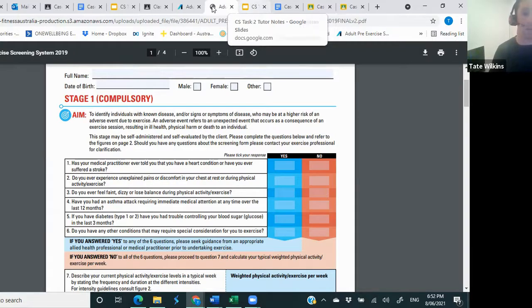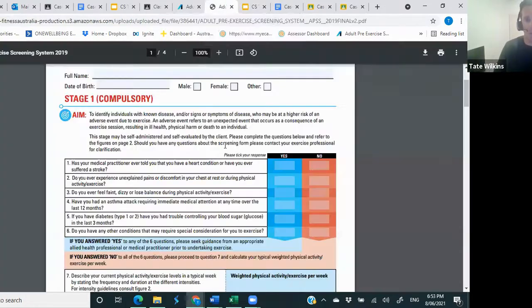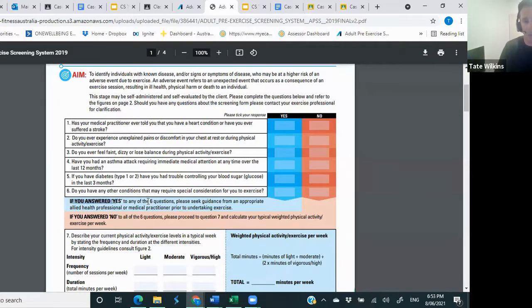stage 1 questions. Probably the next thing as well, as I think Brad mentioned, is we need to identify if the client requires a medical clearance. So you can see in stage 1, if they answer yes to any of the questions, it has here in bold, if you answer yes to any of the 6 questions, please seek guidance from your allied health professional before exercise.